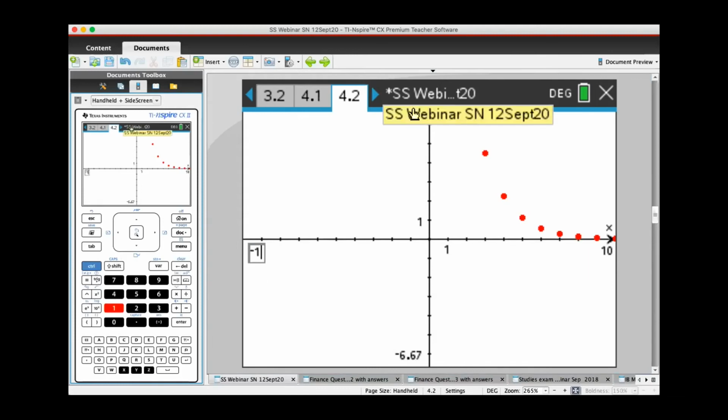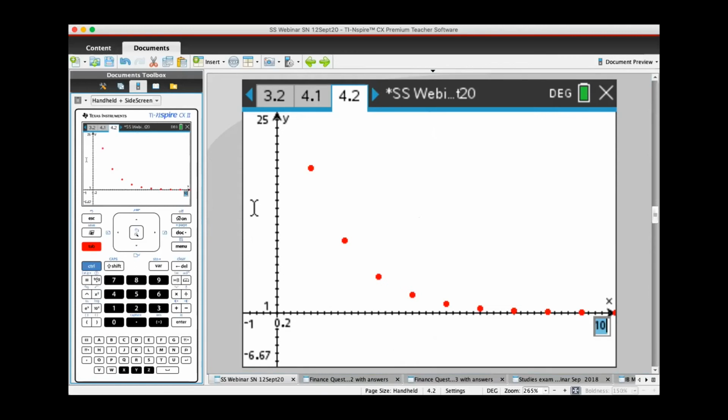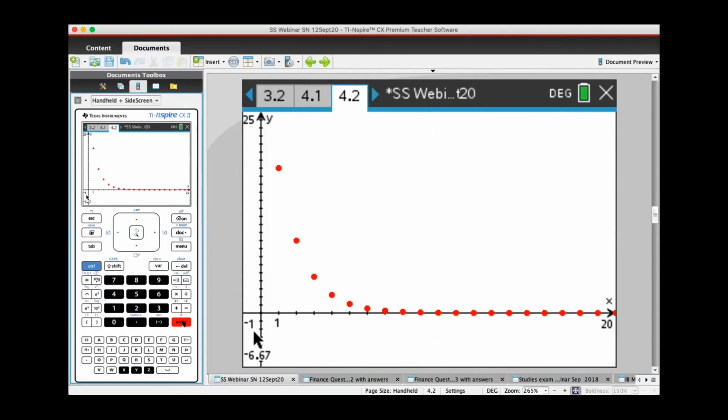If I want to move on to the next one, all I have to do is press tab. Tab is a really important key. It moves between fields. If I'm interested in changing these values, I'm going to do 25, and I tab again, and I say I want the first 20 terms. This window is okay, so I press enter.